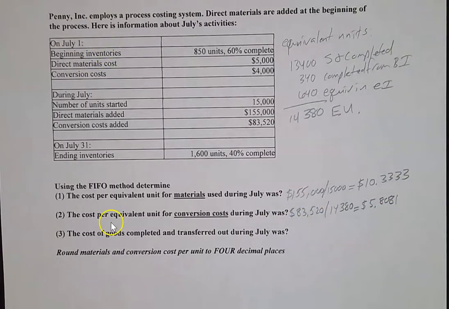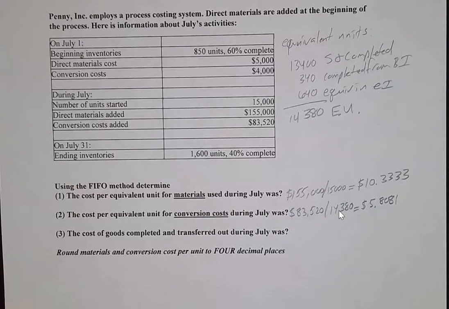So we've done that. Notice we use the added cost for both direct materials and for conversion costs, but we divided by different numbers, again, because direct materials are added at the beginning of the process. The amount of conversion units is smaller because that is done throughout the process.